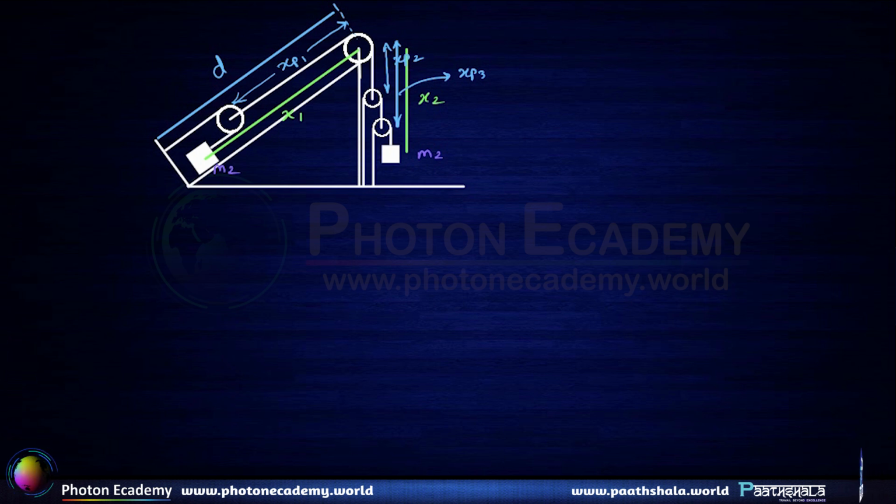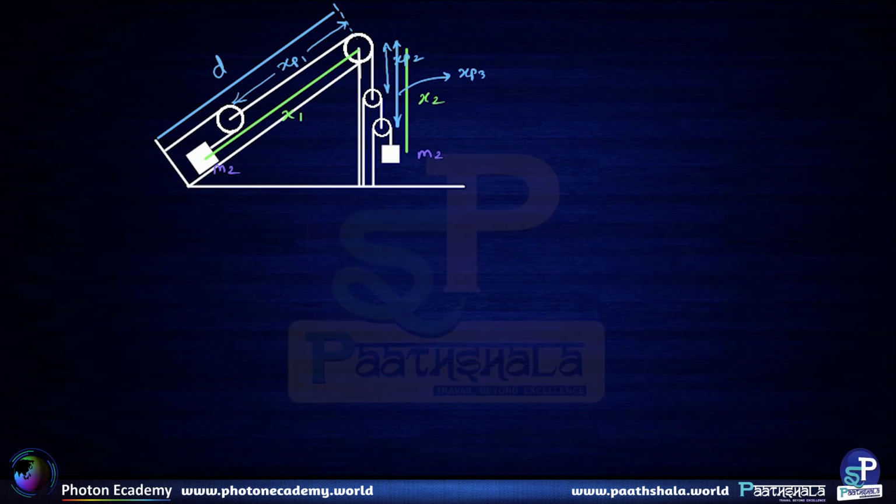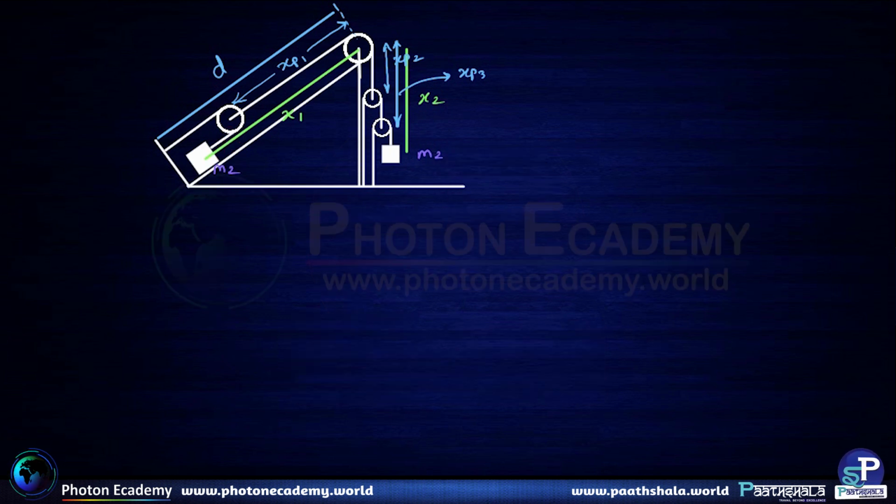All the three pulleys are moving, so we need to take the distances of all the three pulleys from the rigid support. So for this particular string, this much part is nothing but d minus xp1, and this much part is nothing but x1 minus xp1. So we can write down d minus xp1 plus x1 minus xp1 equal to length of string 1, L1.